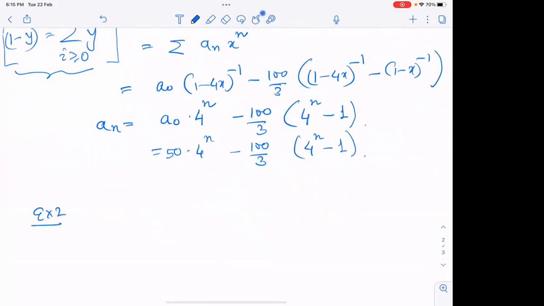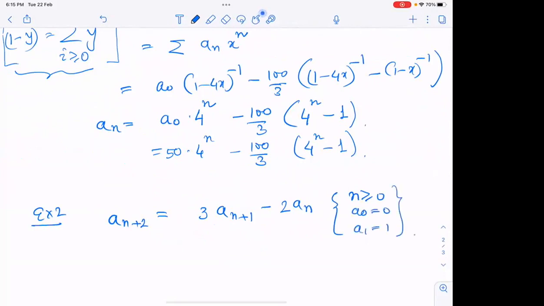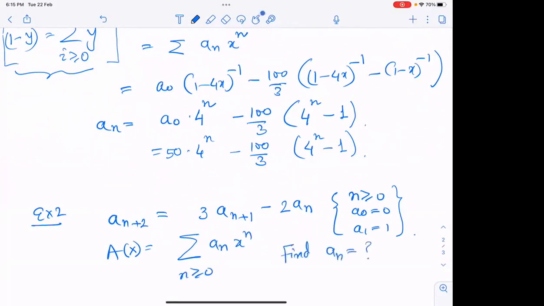So I just leave one exercise. Maybe solve there. There could be multiple problems of this kind where you will be asked to find the closed form of this sequence given the recurrence.